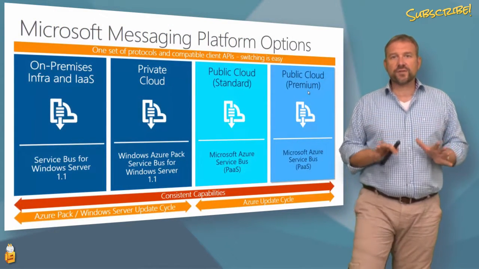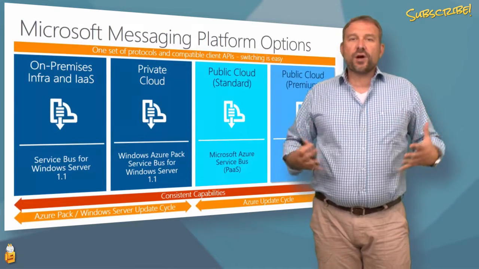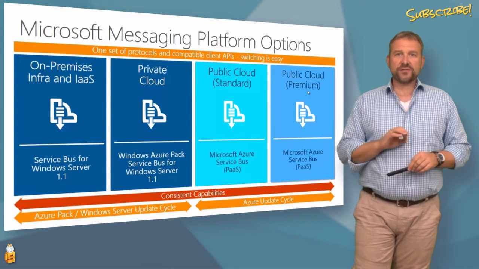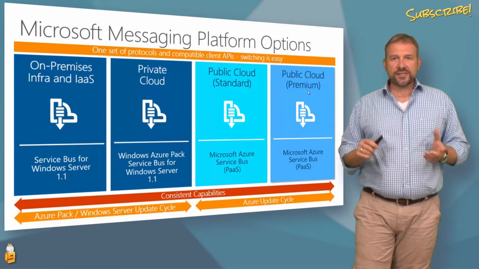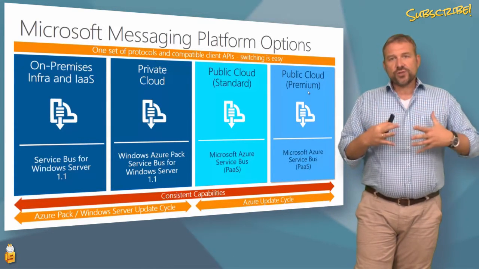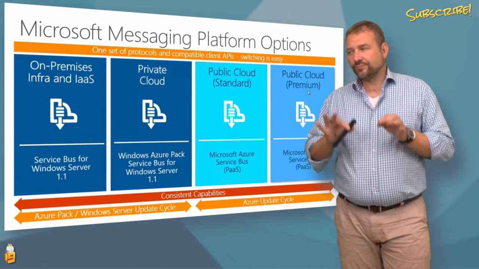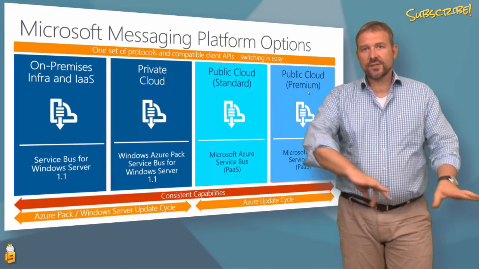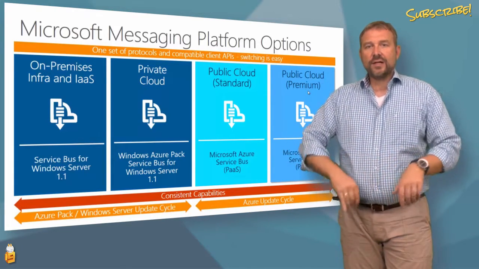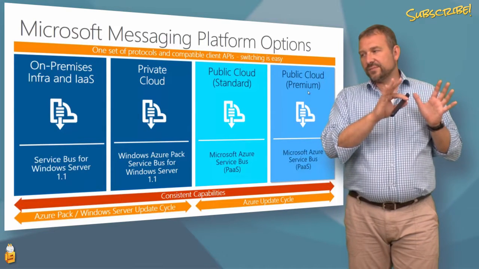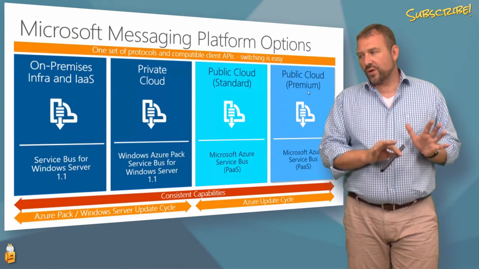So in the Microsoft Message Platform, we can accommodate all those patterns. We have queues and we have topics, and those topics have subscription rules, and we have this consistently available using a consistent set of APIs and a consistent set of protocols on premises and in the public cloud. On premises or in the private cloud, we have this as Service Bus for Windows Server 1.1.